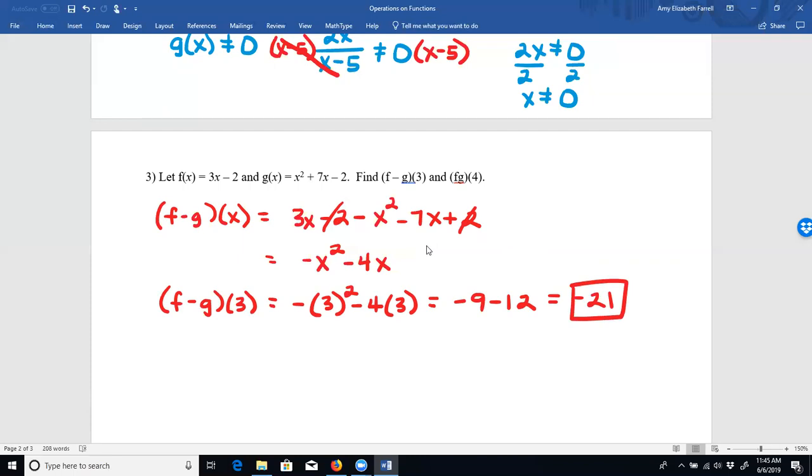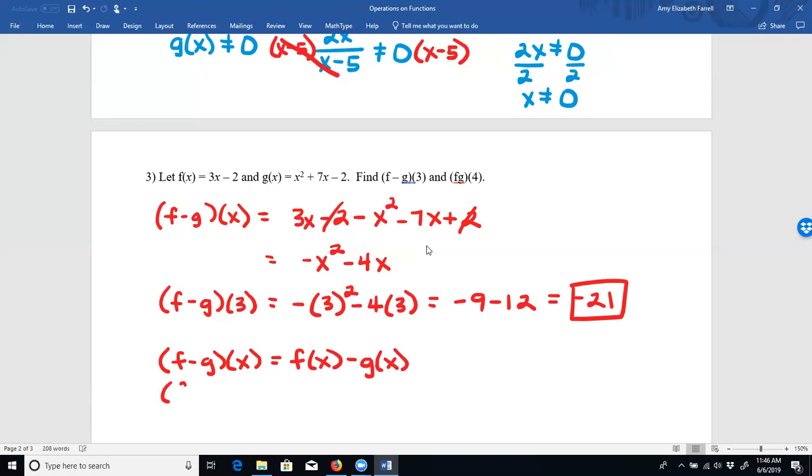Okay, so that's one way to do it, is to actually find f minus g of x and then plug 3 into that. Another way, though, is by definition, we have that f minus g of x is, of course, we have this on the previous page, just f of x minus g of x.